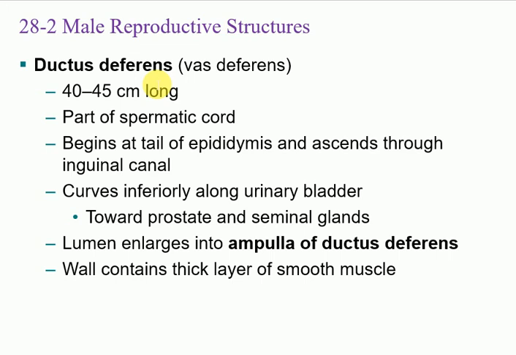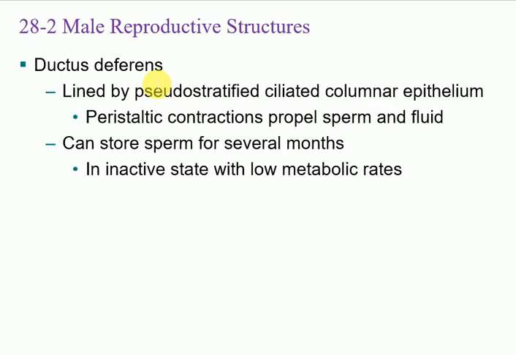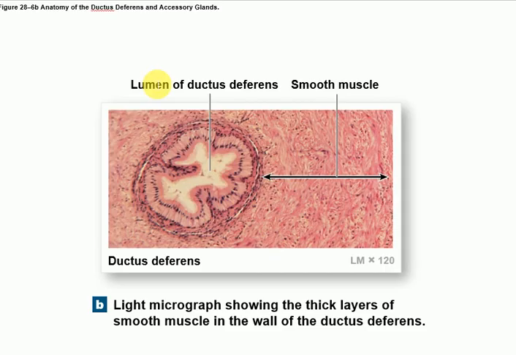Are you following with me? So it has to dilate like this first, which we call the ampulla. After the ampulla, it joins the duct of the seminal vesicle, making the ejaculatory duct. So what's the function of the ductus deferens? Delivering the sperms, of course, within the fluids, all the way to the ejaculatory duct.